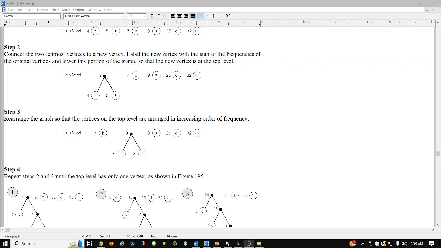So the code words will be what I called siblings. The code words will be the same length and will be identical except in their last bit.